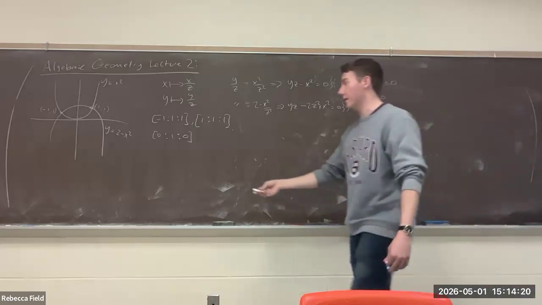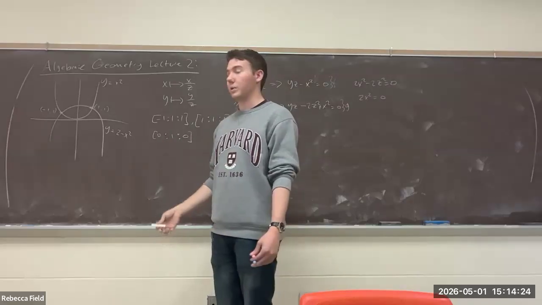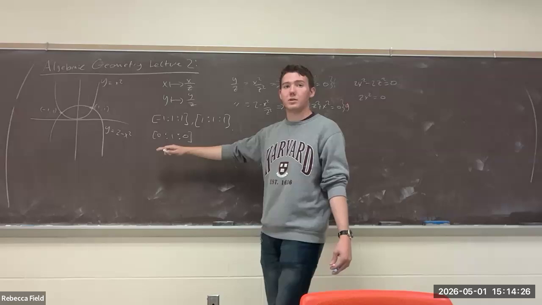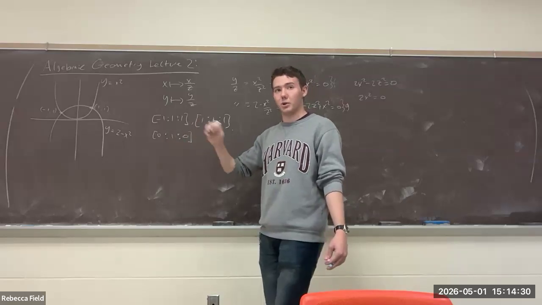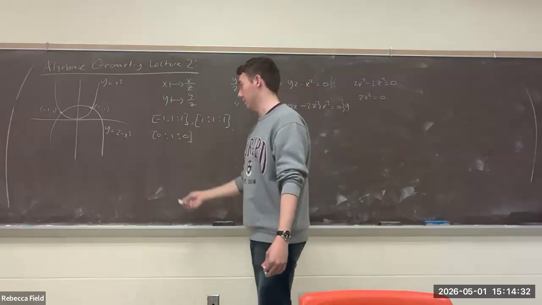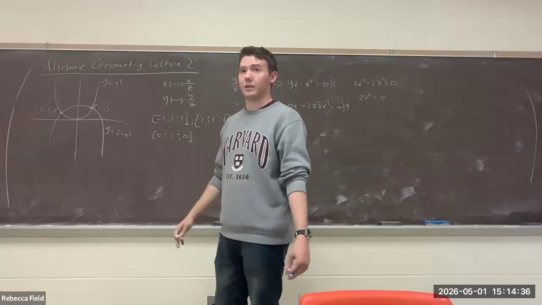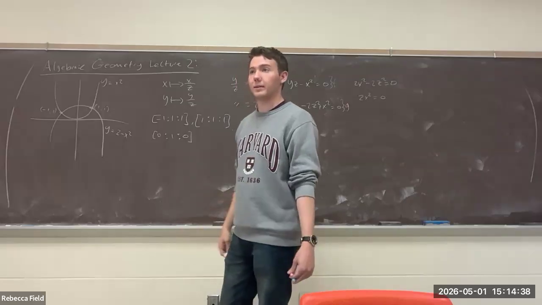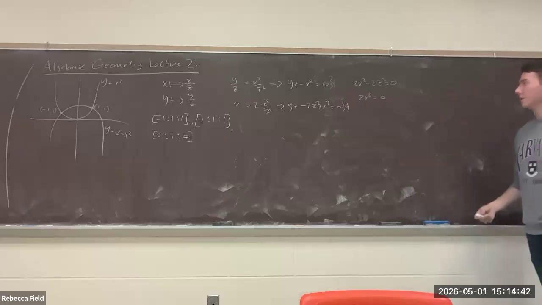Picking any other coefficient doesn't matter, since we defined all of our projective points to be equivalence classes of lines through the origin under this multiplicative equivalence, where lambda times all of these things is equal to this thing. So that's just one point. This is what leads us to believe that we should do this in the first place.